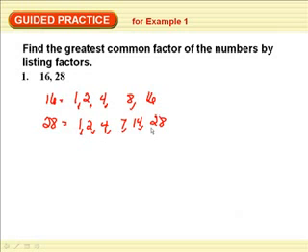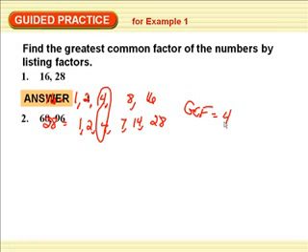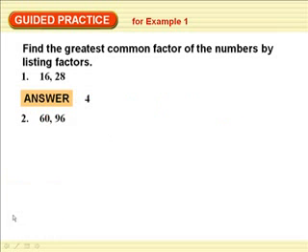Okay, so 1 is a common factor, 2 is a common factor, 4 is the greatest common factor. So the GCF here is 4. And let's see, oh, we agree, 4, yep. The worst part about finding them by listing the factors is if you leave out a factor, that can mess up the whole problem.